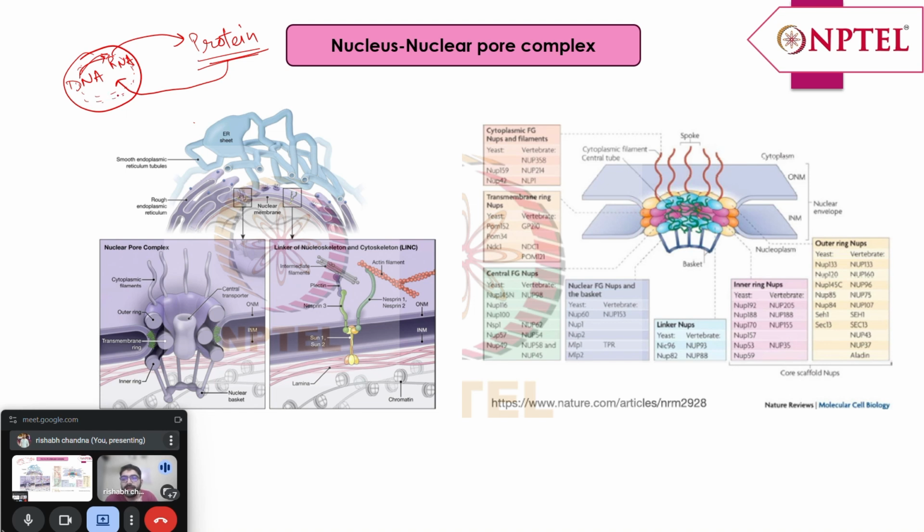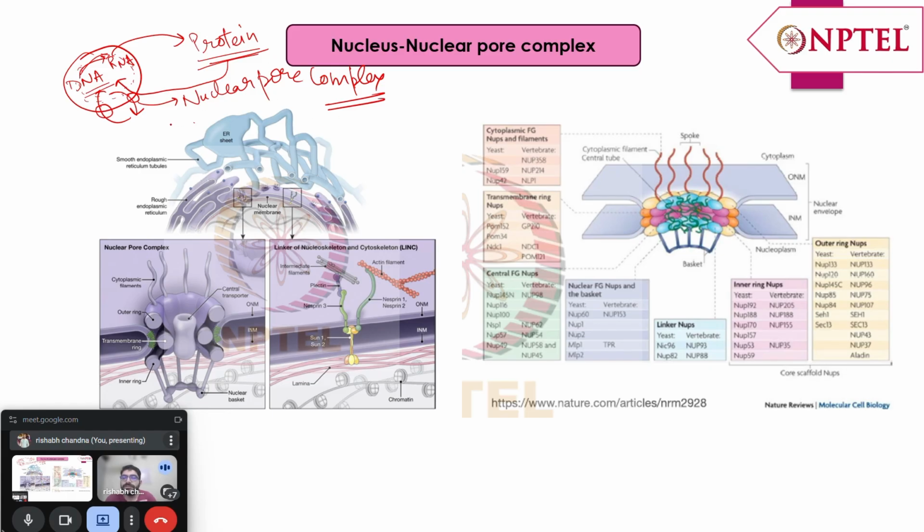Because the nucleus is a storage organelle, it has a regulated movement of components either from the nucleus to the cytoplasm or vice versa. This movement of any molecule from and to the nucleus happens with a set of transporters that are part of the nuclear pore complex.